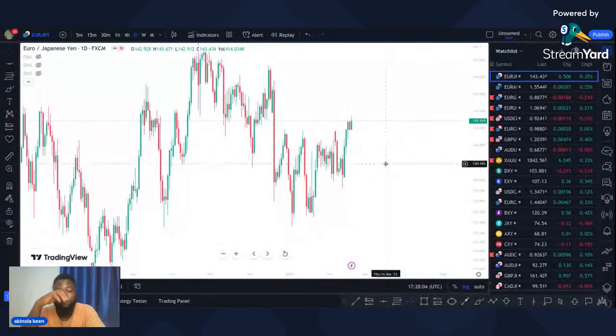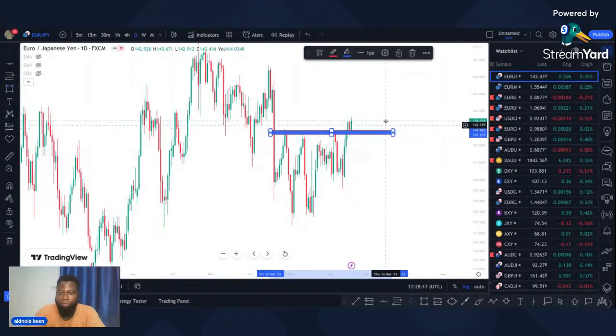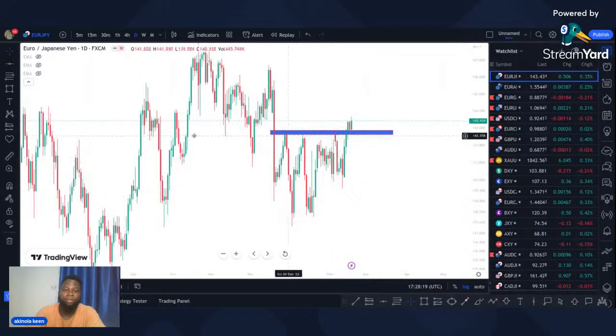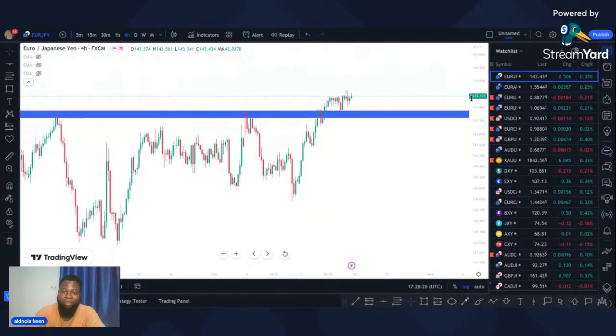You can actually see a swing high, which means the market is buying. A strong resistance level was broken and a retracement happened with one candle. Then it's forming a new beginning. So you can see that very clear.